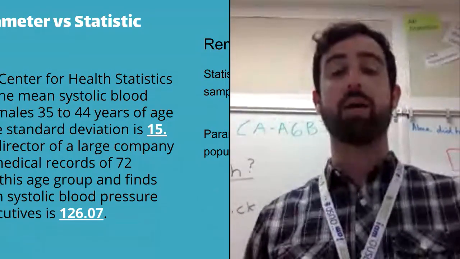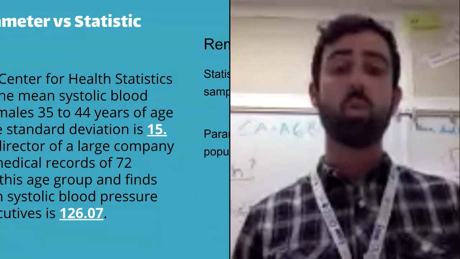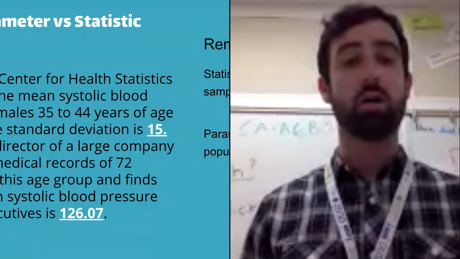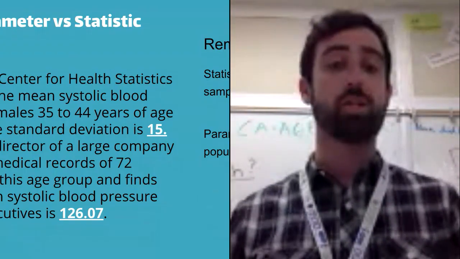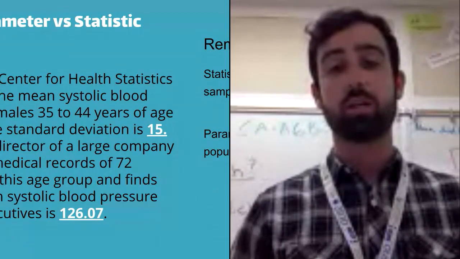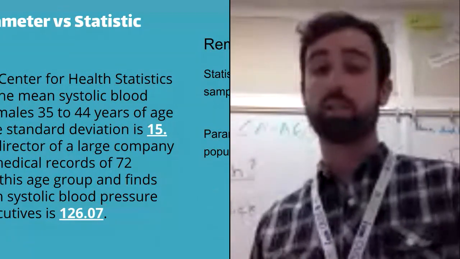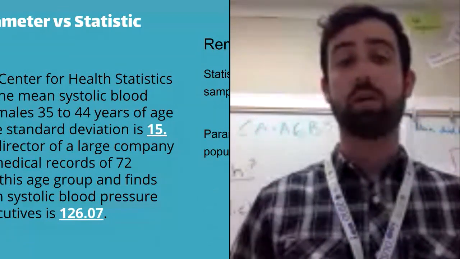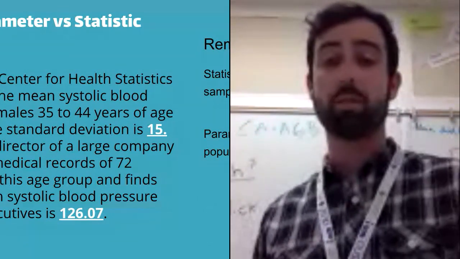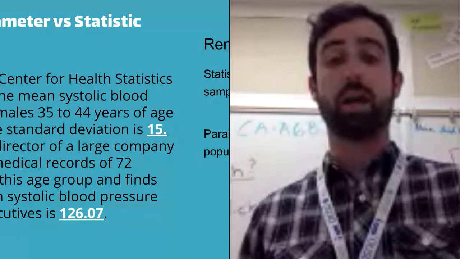So again, we have this description. We want to know, what are those numbers in white? What do they represent? And remember, if we're talking about a sample, it's a statistic. And in this case, we're talking about average. If it's from a population, we're talking a parameter, which in this case is still an average.